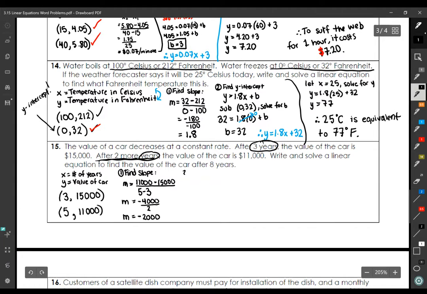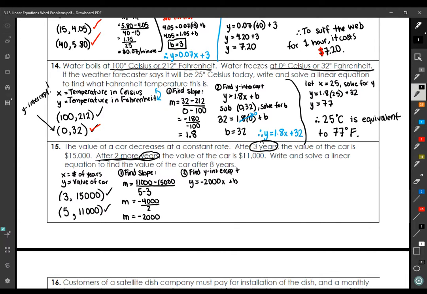All right, so let's go ahead and use that to find our y-intercept, our initial value. So find your b. Okay, so we have our partial equation, y is equal to negative 2,000 times x plus b. I'm going to put in either one of the points, doesn't matter.